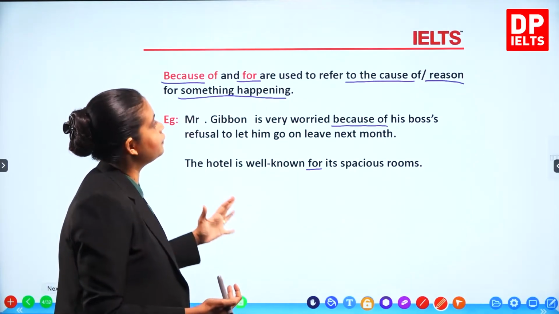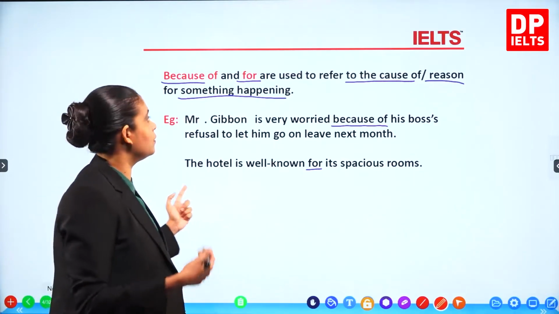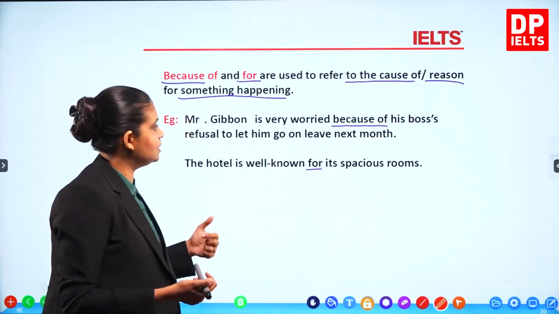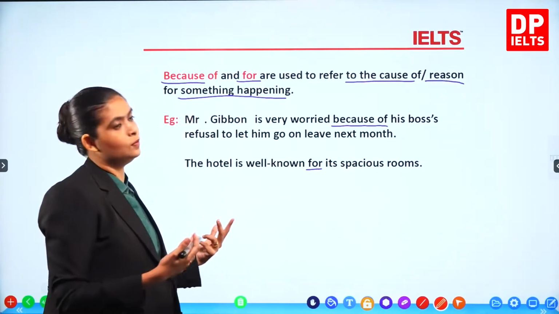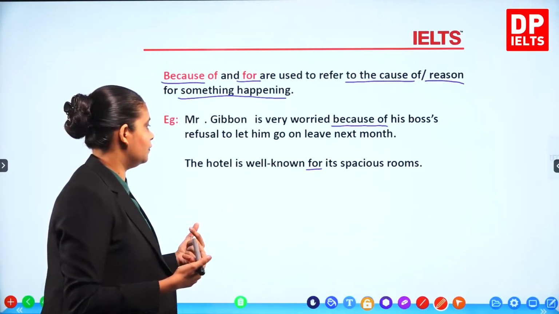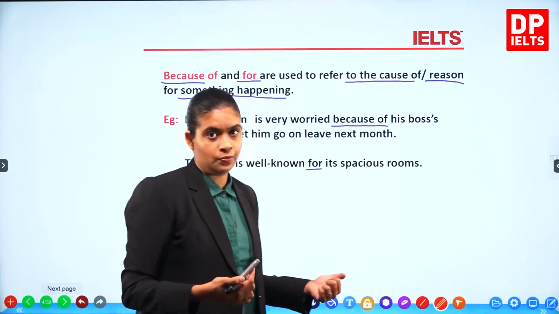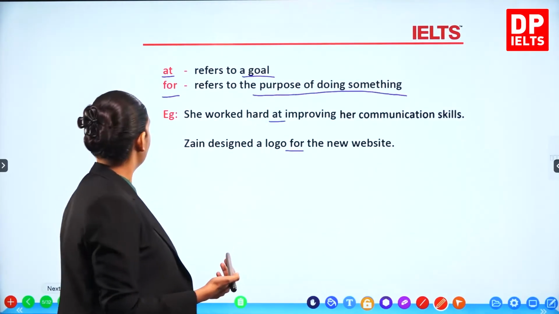Because of and for, right, they are used to refer to a cause or a reason for something happening. So Mr. Gibbon is very worried because of his boss's refusal to let him go on leave next month. The hotel is well known for its spacious rooms. So the reason or the cause of something happening.